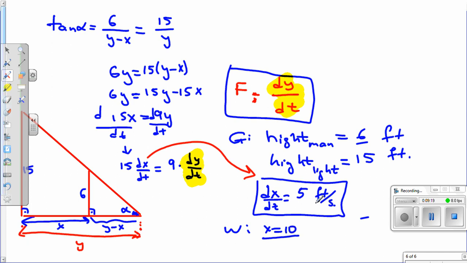Let's plug everything in. So 15 times 5 equals 9 times dy over dt. You can solve the rest of the question: dy over dt equals 15 times 5 over 9. You can simplify and you'll get the answer. Thank you for watching.